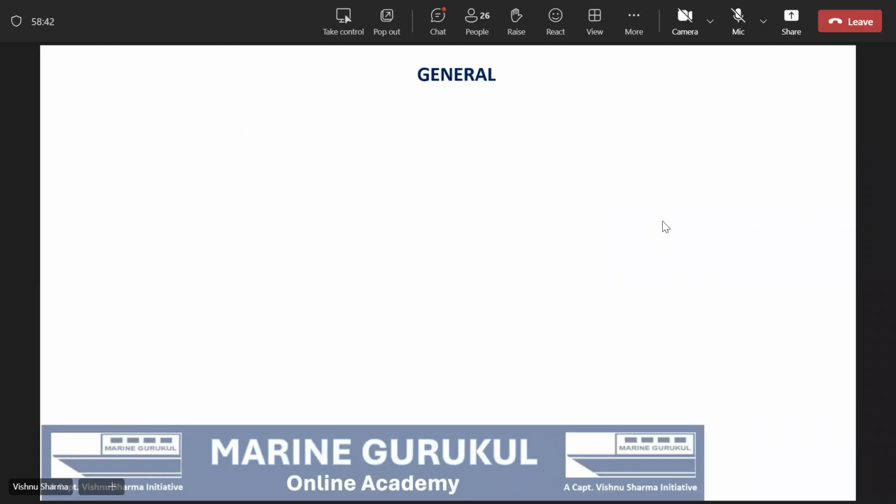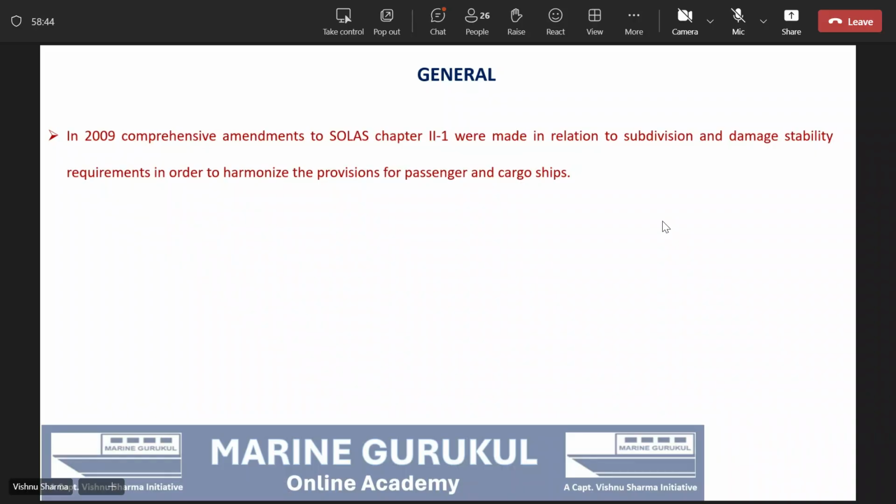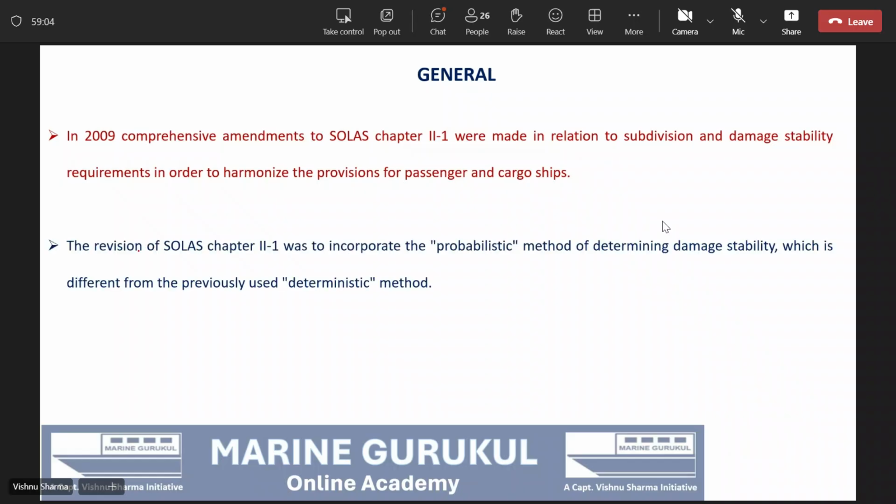Now, basically, whether it is deterministic or probabilistic, it doesn't matter. In 2009, comprehensive amendments to SOLAS Chapter 2.1 were made in relation to subdivision and damage stability requirements in order to harmonize the provisions for cargo and passenger ships.